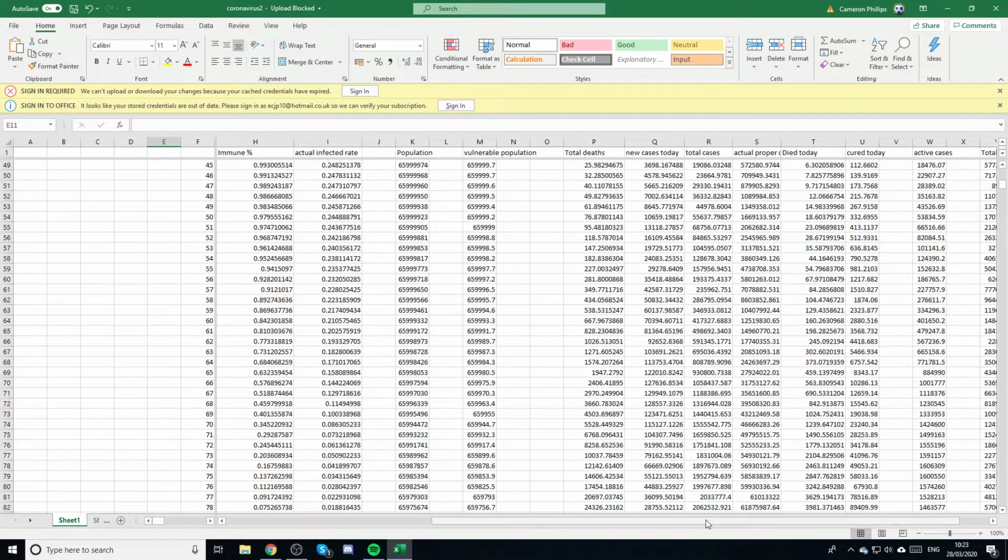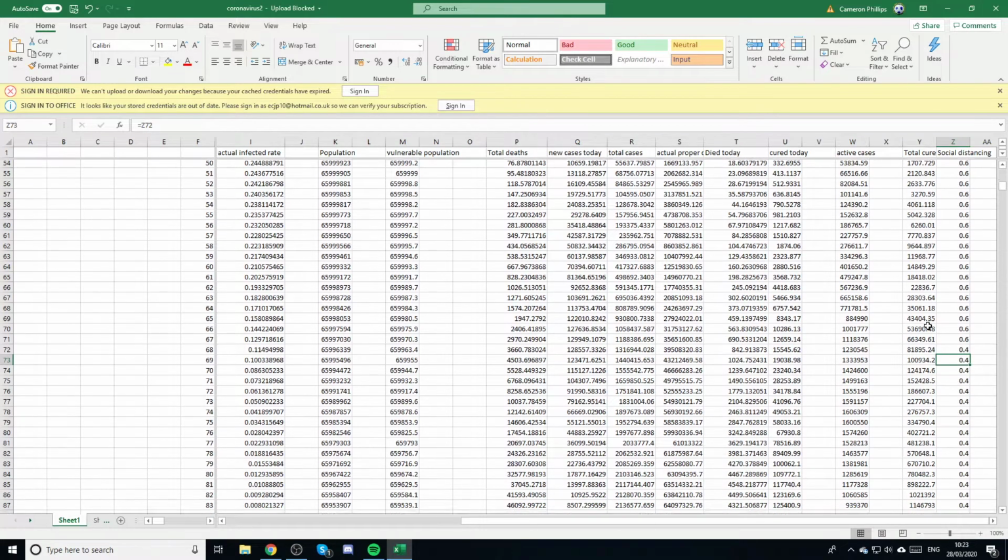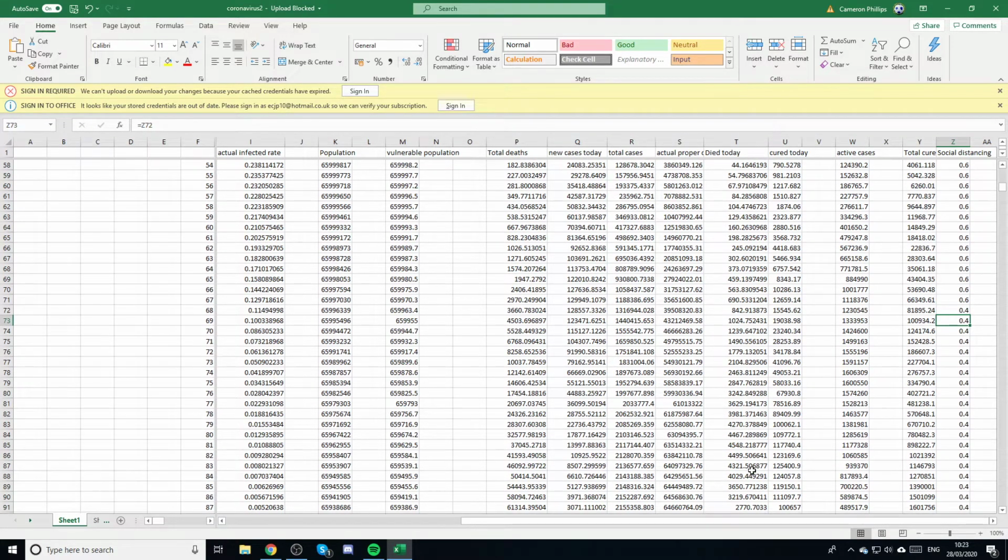Now here's the key thing. We put in social distancing, and I reckon we've got the infection rate well down, and I think that is going to change the tide today. 4,400 on day 86. 20 days time this is going to peak.